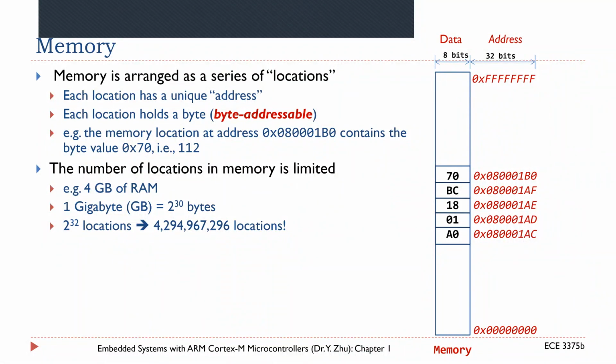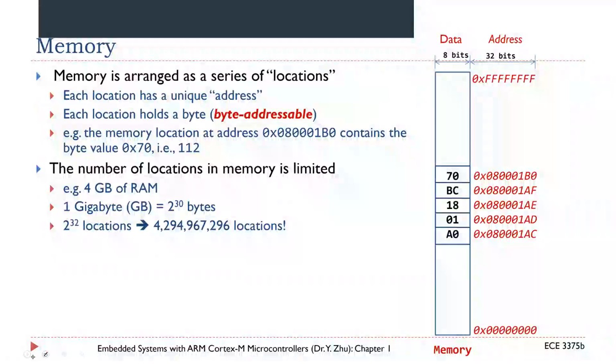Since 32 bits has a total of 2 to the power 32 locations, and we define a giga as 2 to the power 30, and the gigabyte would be 2 to the power 30 bytes, then 2 to the power 32 locations is multiplied by 2 to the power 2, which would be 4. As a result, we will have 4 gigabytes as the total number of different locations of the memory.